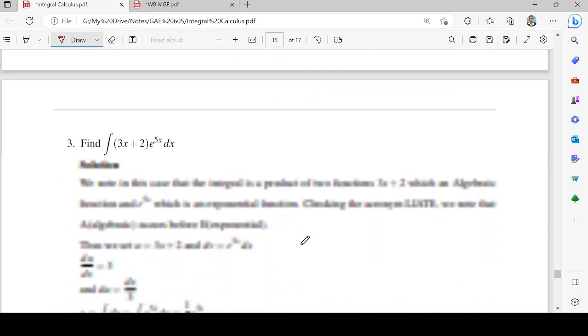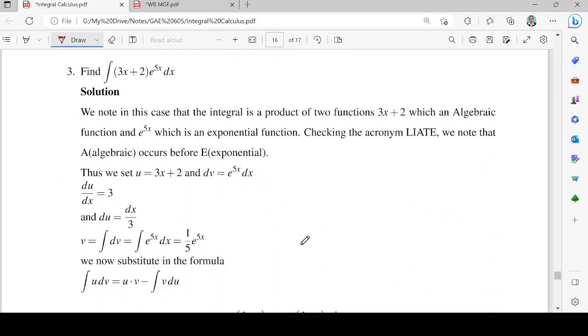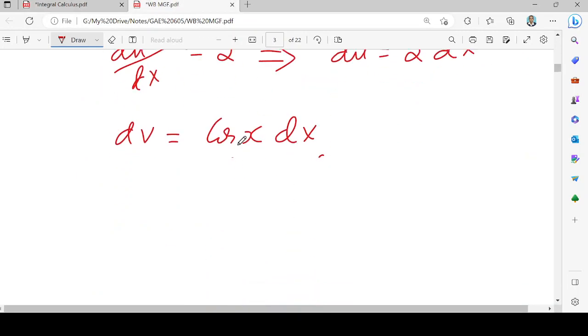So that's the solution. We have another one here: the integral of 3x plus 2 multiplying e raised to power 5x. And we can work out the same way.